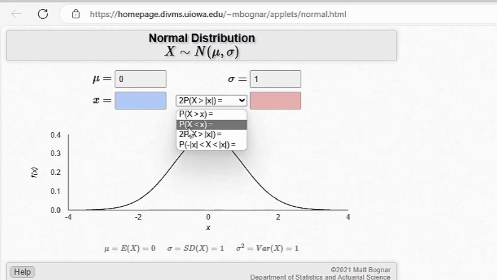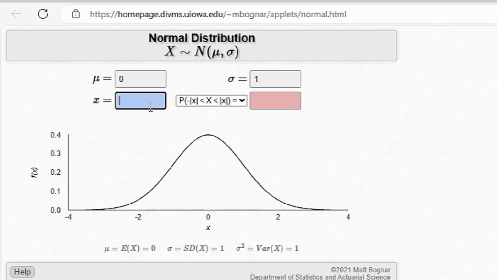When we take x equal to 1.96, from minus 1.96 to plus 1.96, this calculation gives us 95%. Therefore, we have put 1.96.